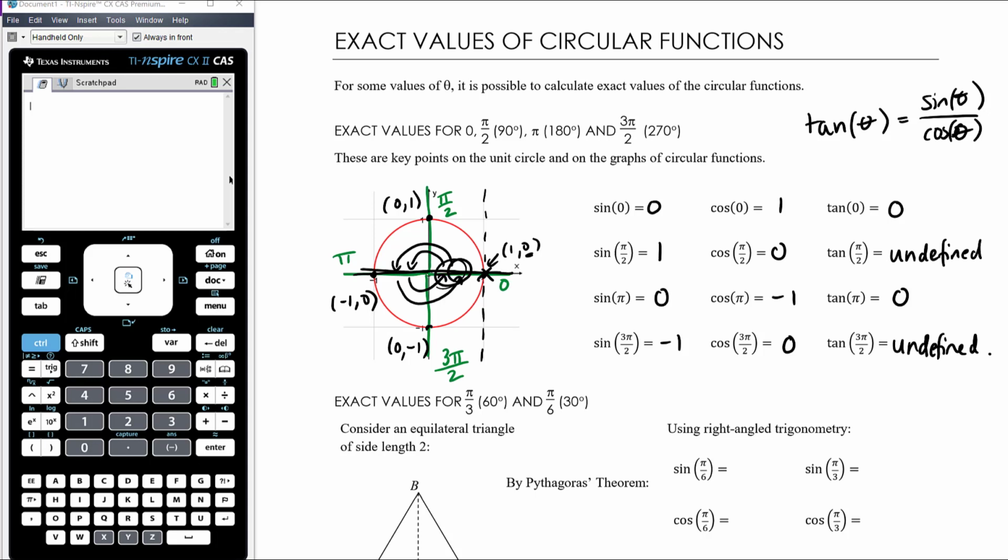So you know that sine of 12 pi is 0. Cos of 12 pi is 1. It's in this position over on the right hand side. Okay, they're the easy ones. Multiples of pi on 2, we should absolutely be able to calculate our exact values for.